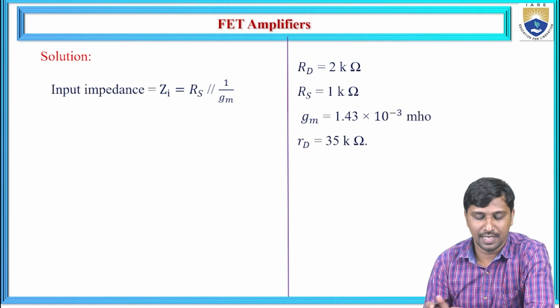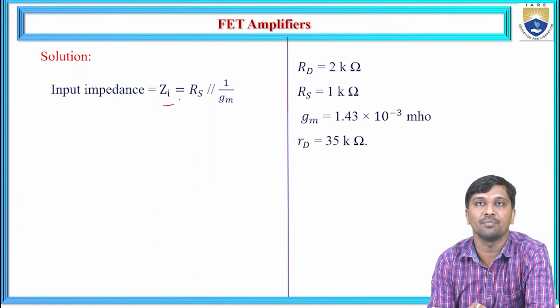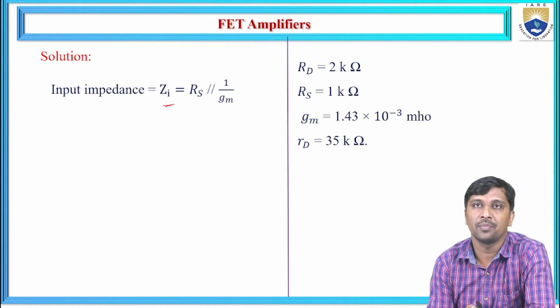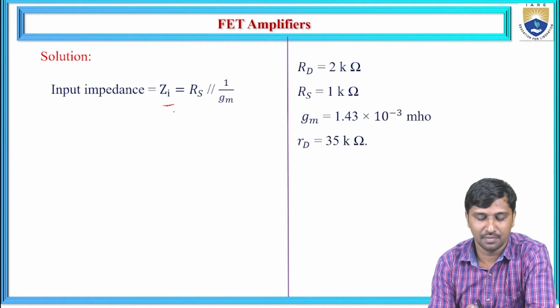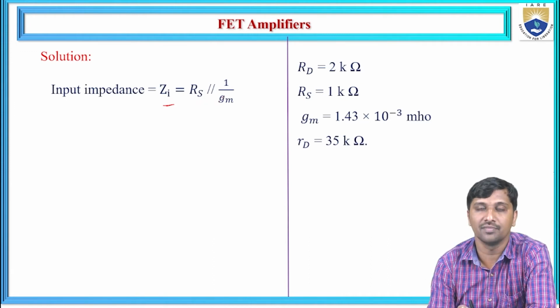Now we need to calculate the input impedance for the common gate amplifier. From the common gate amplifier configuration, we know that the input impedance is the parallel combination of the source resistance and the reciprocal of the transconductance.